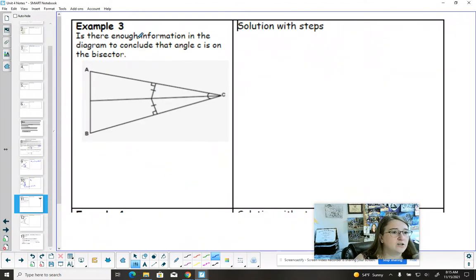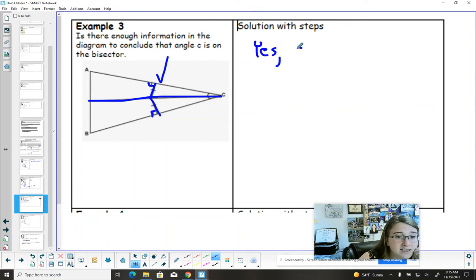Looking at this picture now, is there enough information in the diagram to conclude that C is on the bisector? So here's my bisector, if it is a bisector. Well, let's see what we got. Do we have equal distances from my bisector to the sides? Are these equal? Yep, that's good. Do we also have them coming at a right angle on both sides? Yep. That means that, yes, C is on the angle bisector.